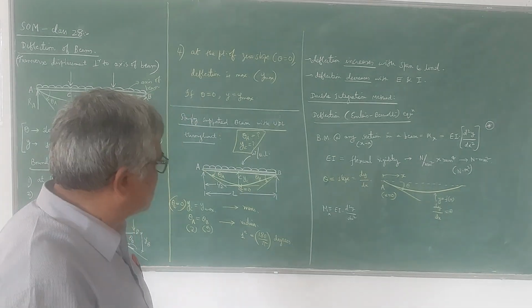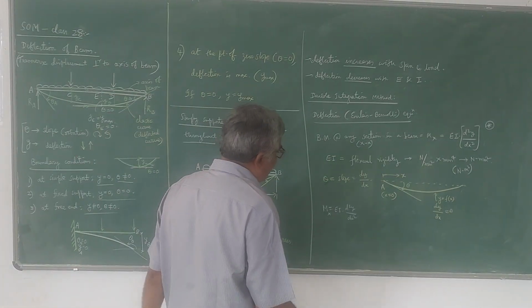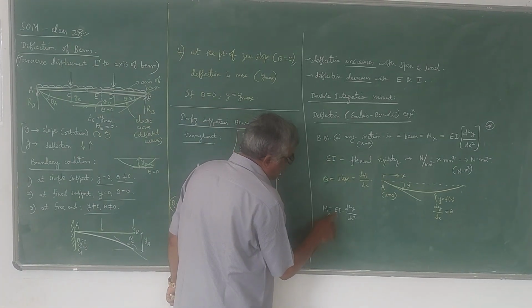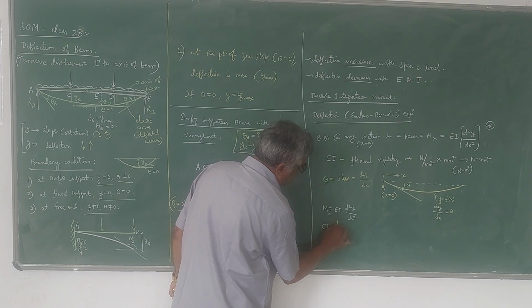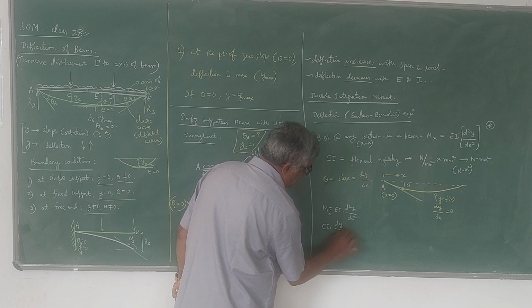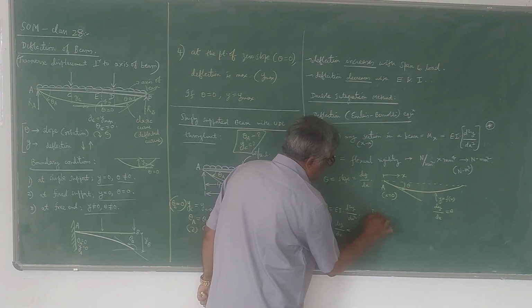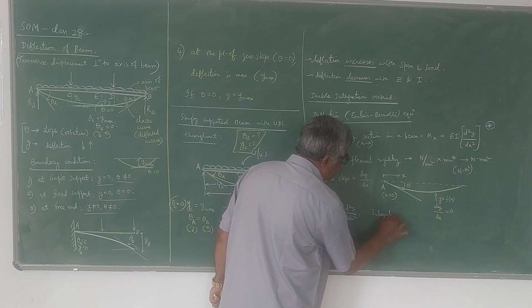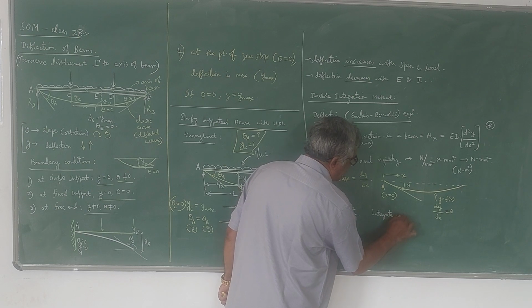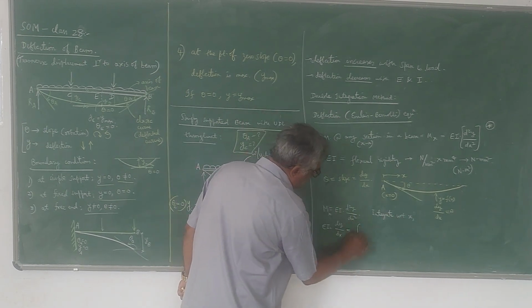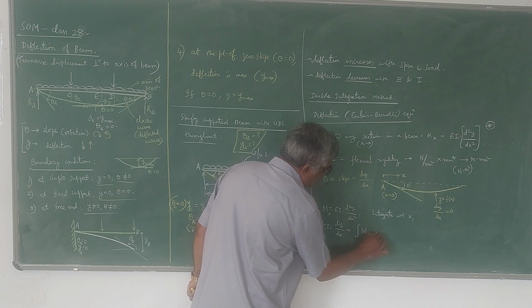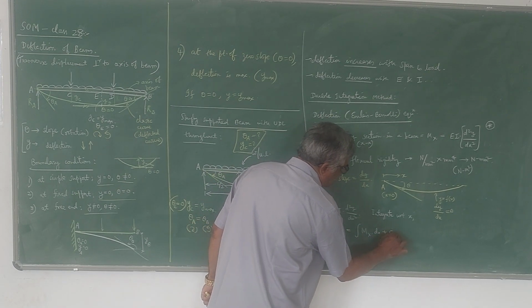Once you integrate this once with respect to x on both sides, you will get EI into dy by dx equal to integral of Mx dx plus some constant C1.